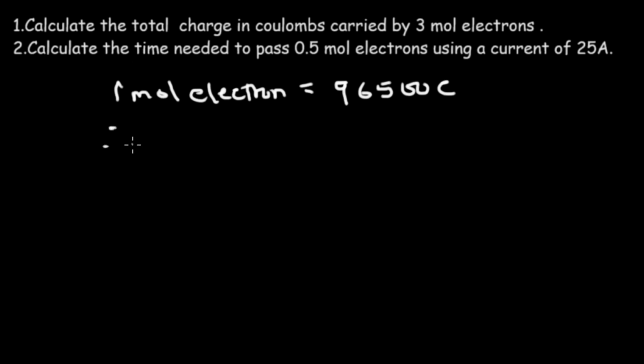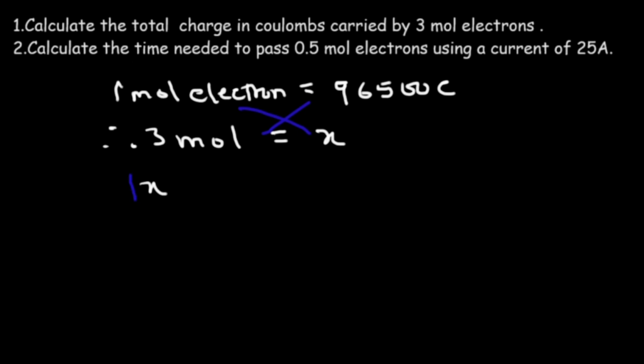Therefore, 3 mole electrons would carry x, right? So cross multiplying, we obtain x times 1. So what we are doing here is multiplying this by this and 1 by x, right?